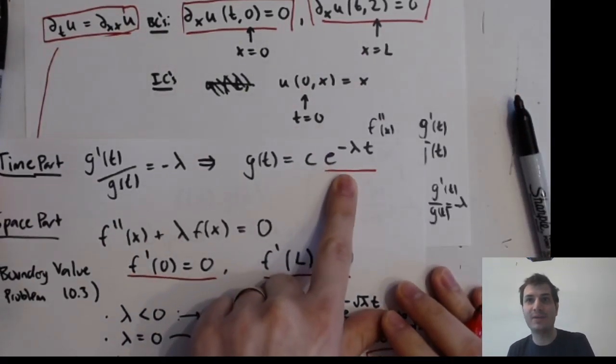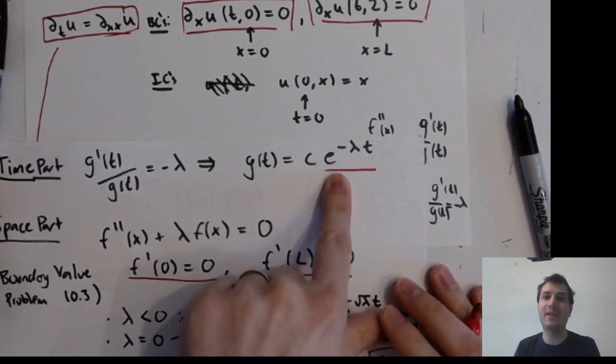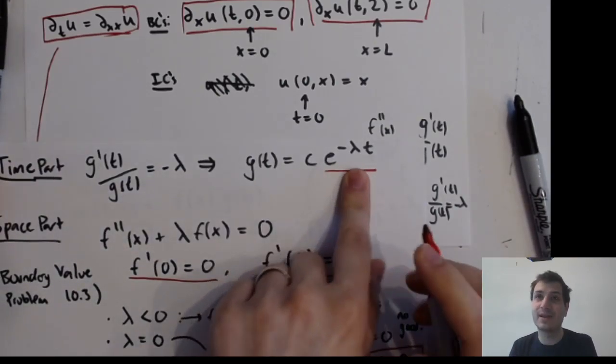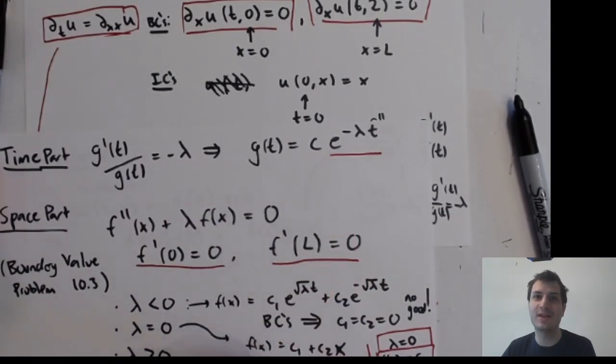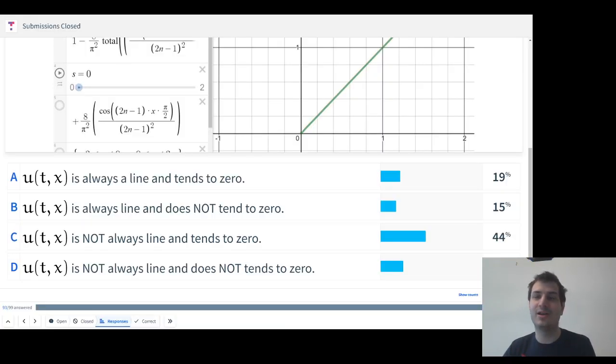If you have lambda equals 0, that's one thing. If you have lambda positive, then it's something else. They have different behaviors, just like we've seen in second and third order things. If you're paying attention, you can figure out if it tends to 0 or not, based on what we've done already.